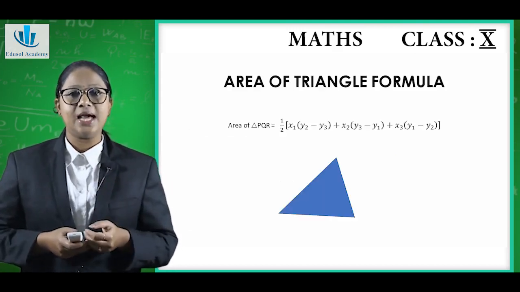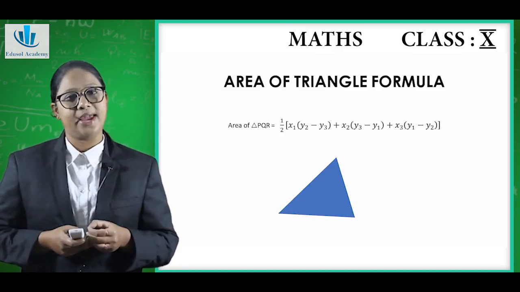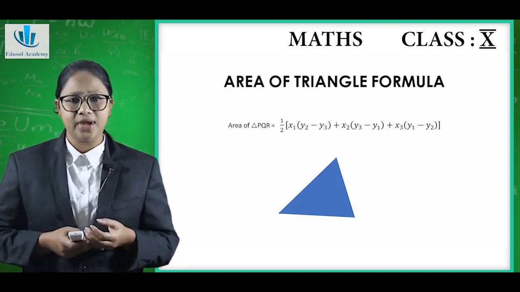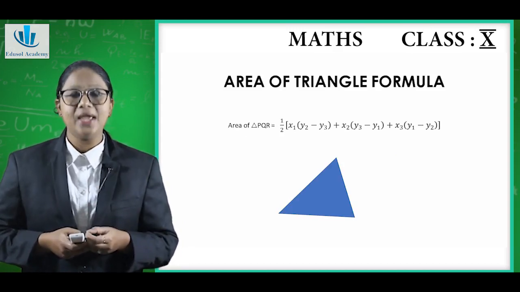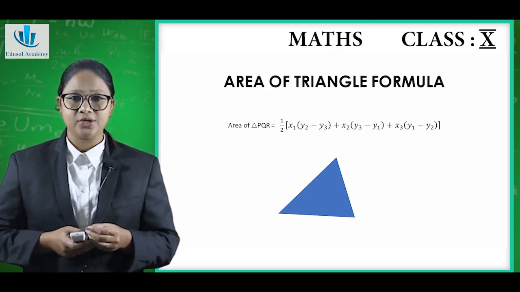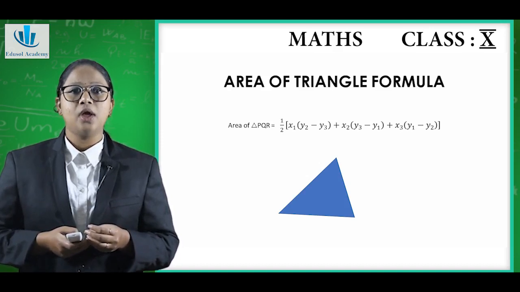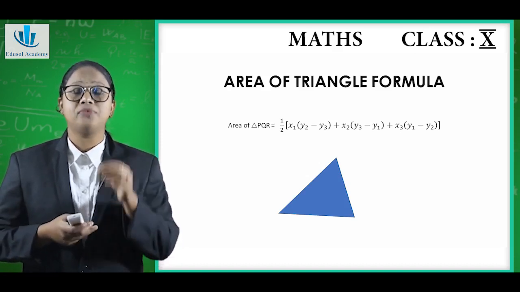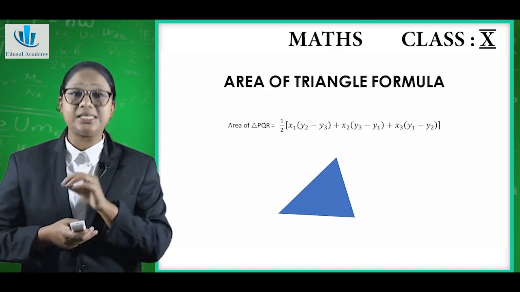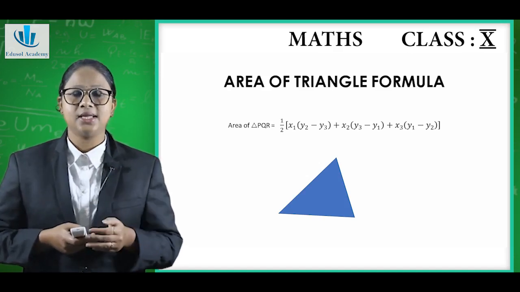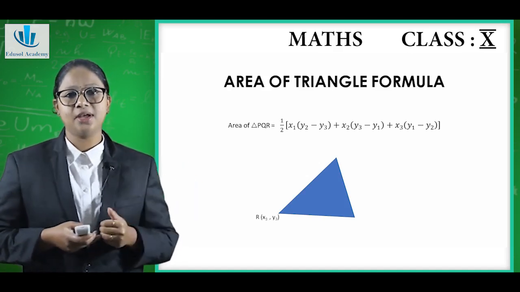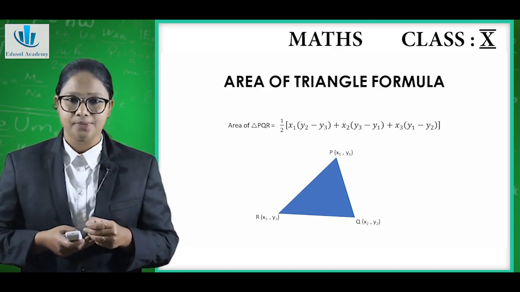Now the next formula is to find area of a triangle. We have plenty of equations to find area of a triangle. Using coordinate geometry concept, we can find area of a triangle if we know the coordinates of the 3 vertices of the triangle. Let's take the case of the triangle shown in the figure, triangle PQR.